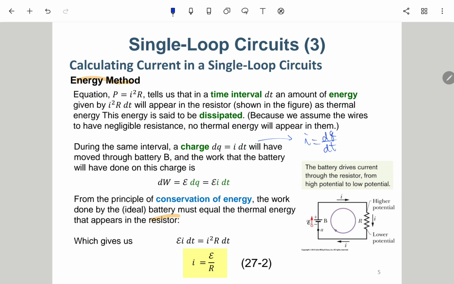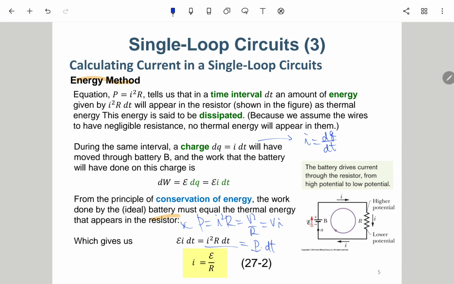The power consumed by the resistor should be P equals VI, or I squared R, or V squared over R. And dW is this power multiplied by dt, P times dt.